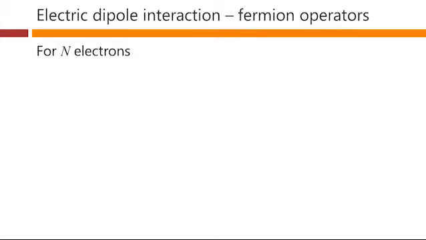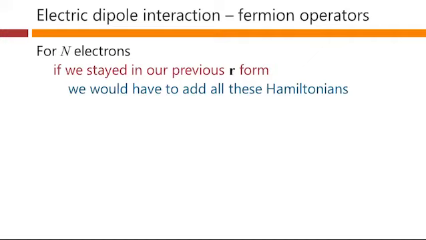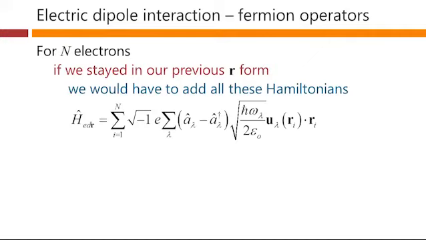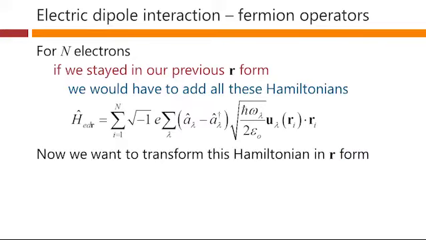For n electrons, if we stayed in our previous position R form, we would have to add all these Hamiltonians for all of the different electrons. So we'd have to add up over all the possible different electrons here.